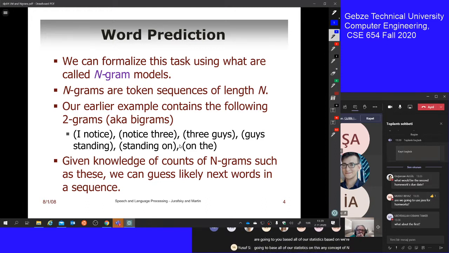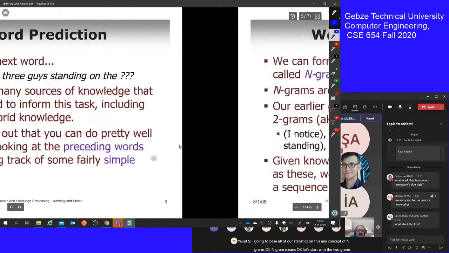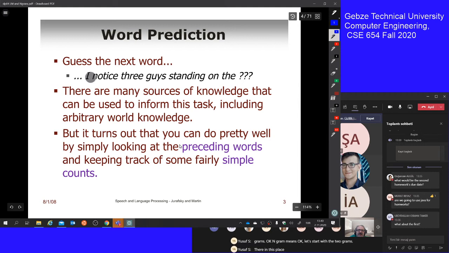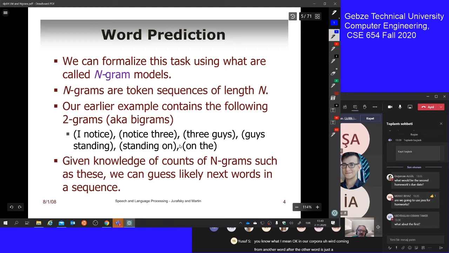Okay, n-gram means, let's start with the 2 grams. In this sentence, I notice is a 2 gram. Notice 3 is a 2 gram. 3 guys is a 2 gram. Guys standing is a 2 gram. You know what I mean? Okay, in our corpora, a word coming after another word is just a simple 2 gram.